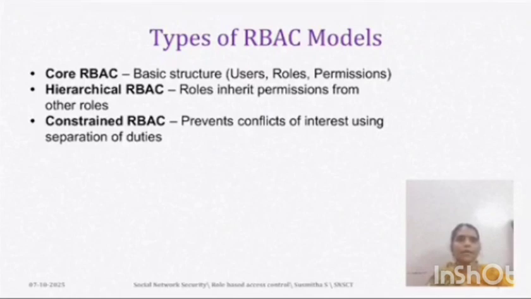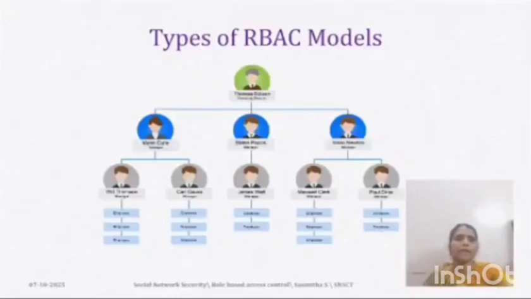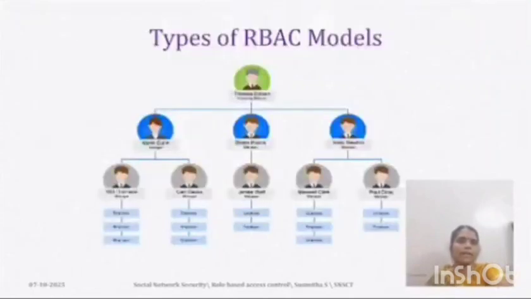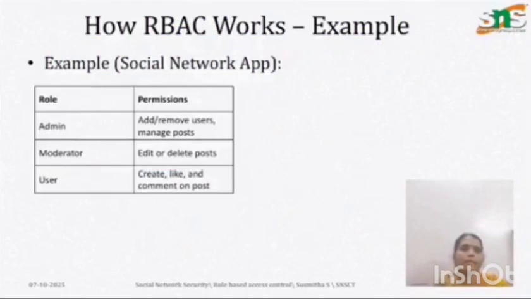It prevents fraud and conflict of interest, and ensures that no single user has conflicting roles. Now, how does a model with admin, moderator and user levels work? At the admin level, the admin can add or remove users, moderate all content and change settings. At the moderator level, one can edit or delete inappropriate content, that is, delete posts. Then a user can comment, share and post content.